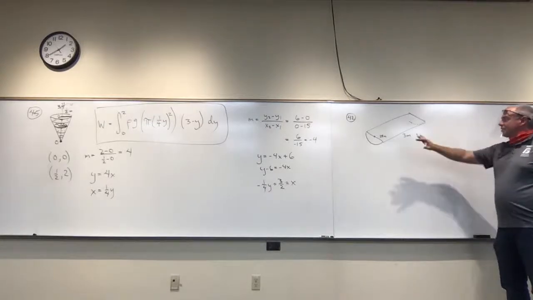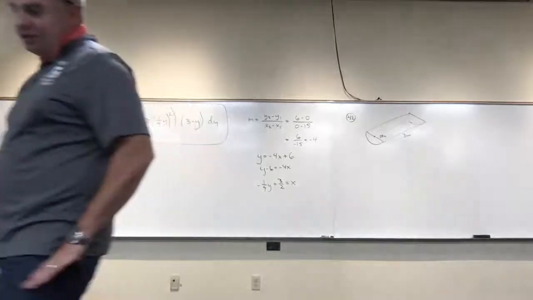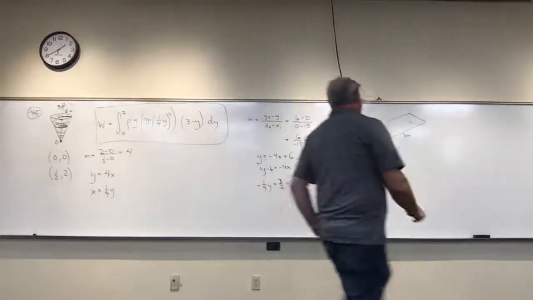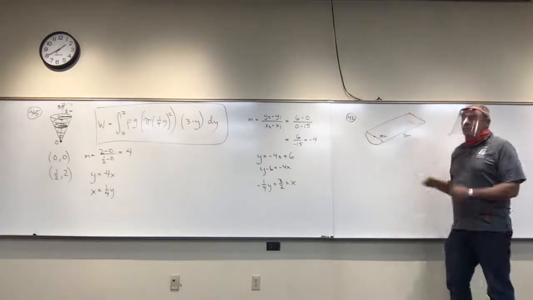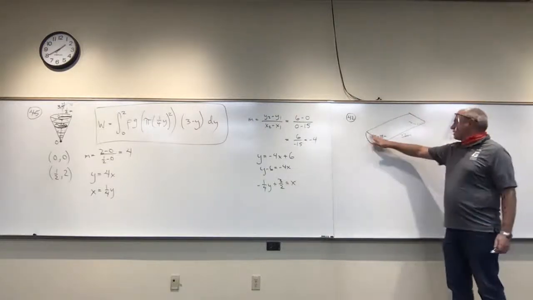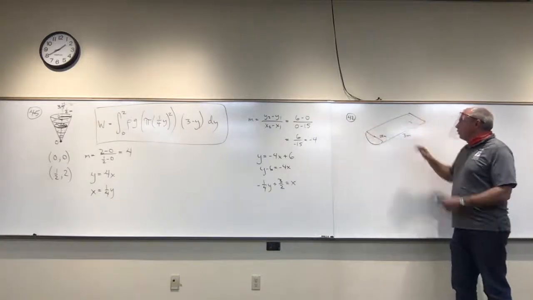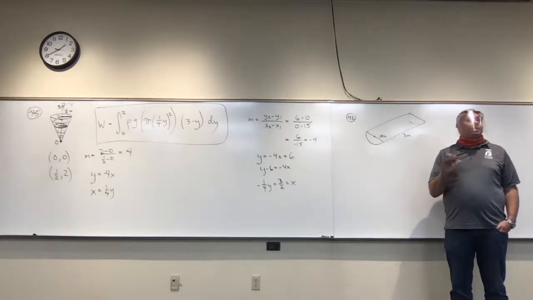Okay, and then this thing's filled with water, I believe. Is that correct? Completely filled. And so how much work will it take to pump it out? All right, so if I take a cross section of water at one depth, what does that cross section look like? It's always a rectangle. Does everybody agree?